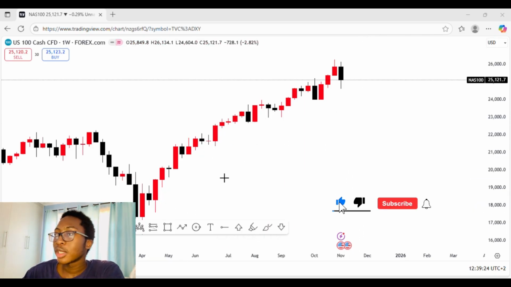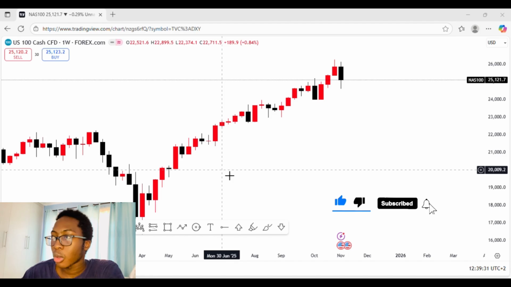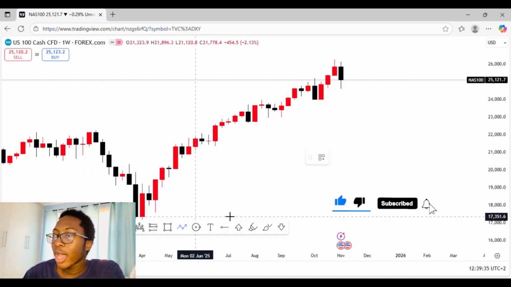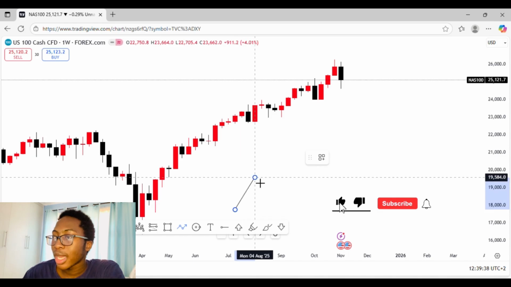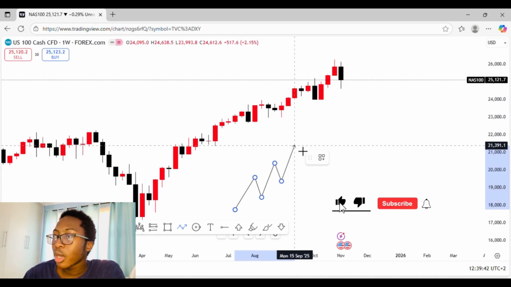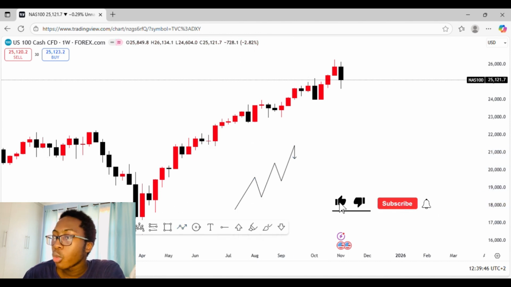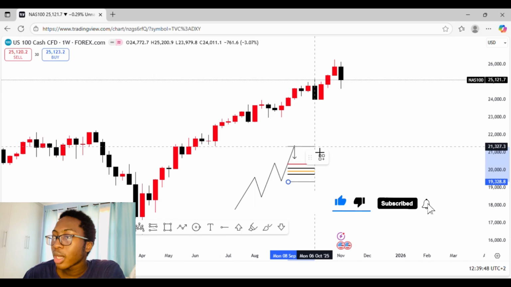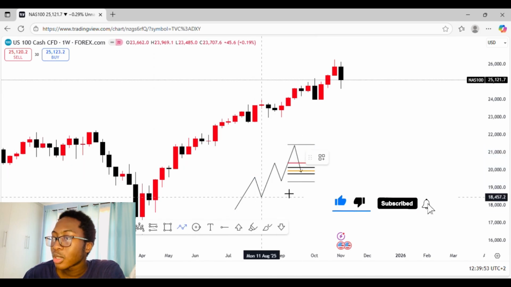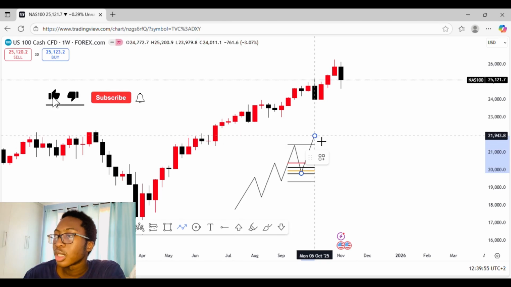So guys, I've seen most of the people that are coming to me are using the golden zone very wrong. One thing you need to know about the golden zone: if we are bullish, obviously the market creates higher highs and higher lows. If we are bullish, the golden zone can only help you to find the next higher low in order for the market to continue pushing to the top.